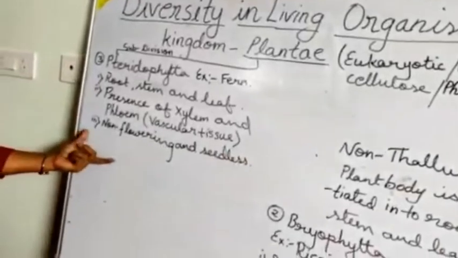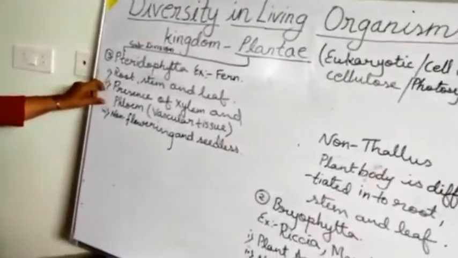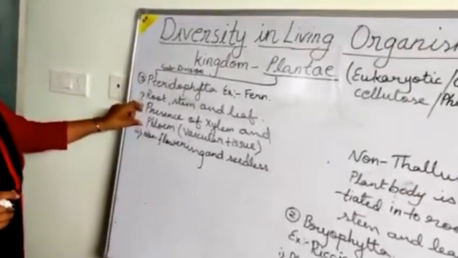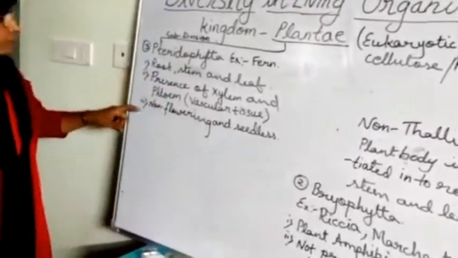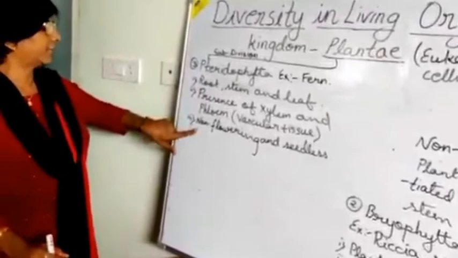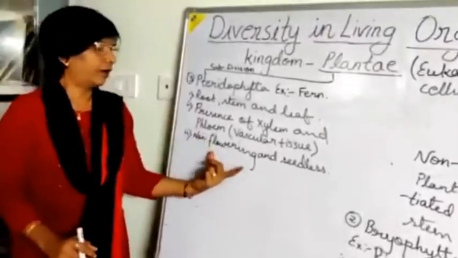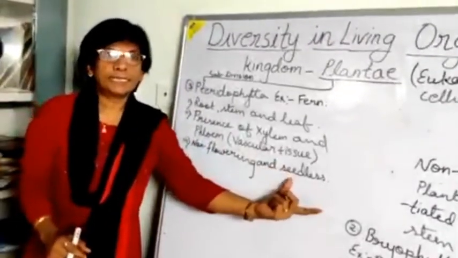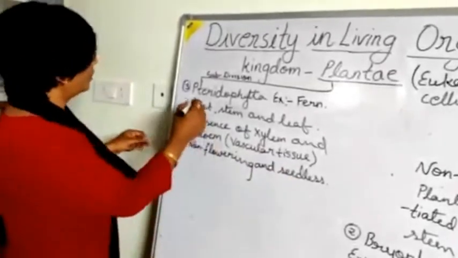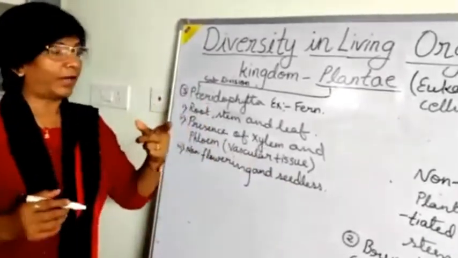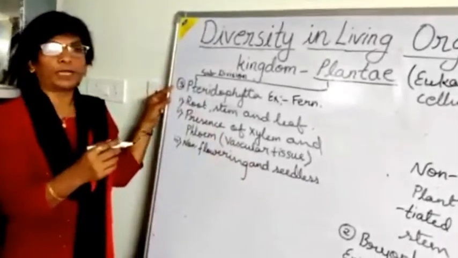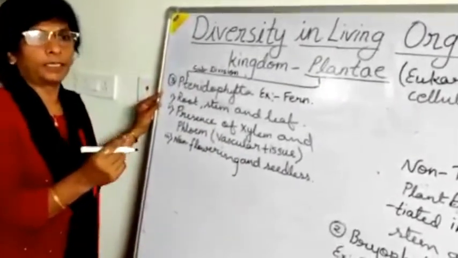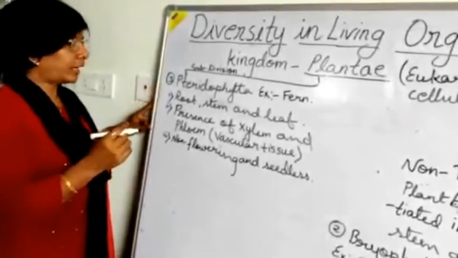So we got the presence of xylem and phloem, the advanced characteristic which we are not getting in Bryophyta, but still we are not getting flowers and seeds in this Pteridophyta. So if we take Thallophyta, then Bryophyta and Pteridophyta, these three come under cryptogams. Cryptogams means what?